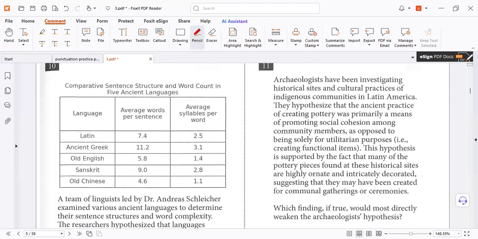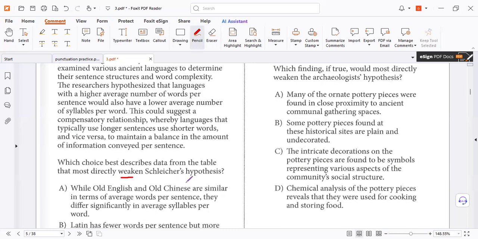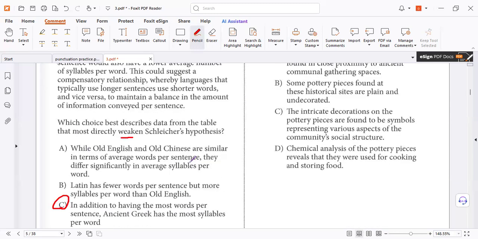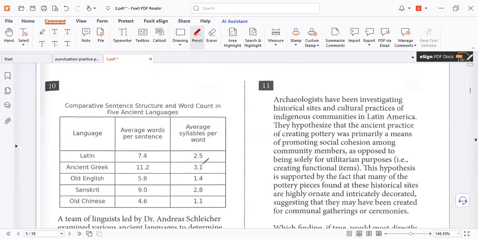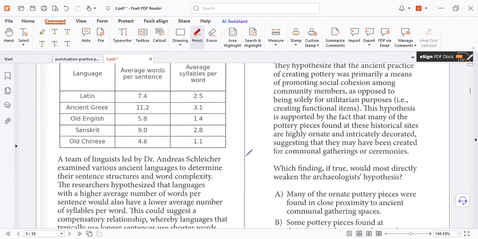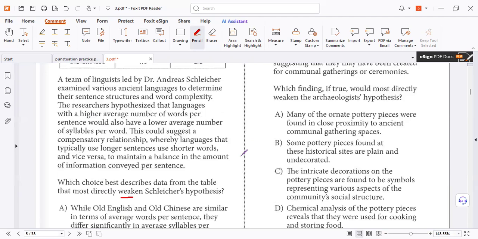Letter C. Correct. 11. Okay. Letter D. Then B. Correct.